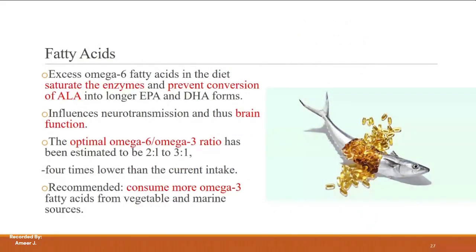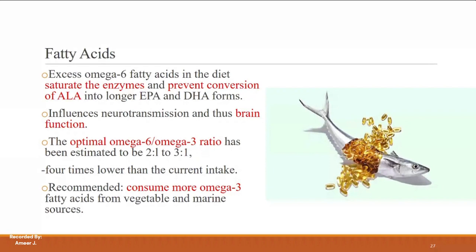The important question is what the fate of excess omega-6 fatty acids in the diet is. The excess omega-6 fatty acids in the diet saturate the enzymes and prevent conversion of alpha-linolenic acid into longer EPA and DHA forms, influencing neurotransmission and thus brain function.